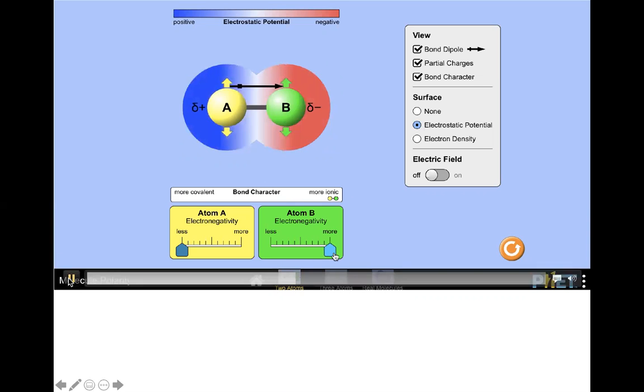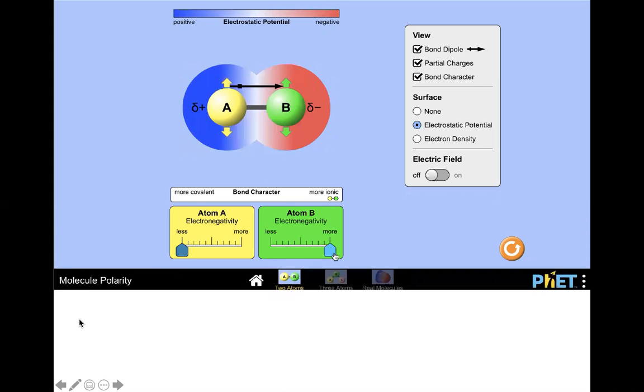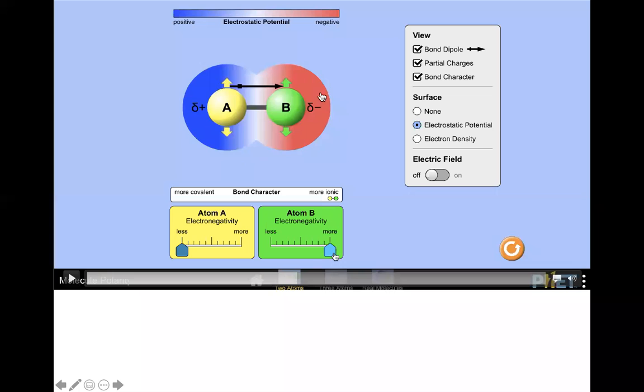Okay, I'm going to stop it there. So what changes did I see? Well, first of all, these partial charges, they're trying to say this is even more negative. This is even more positive. It's got these cool colors, the red and the blue, to show that you've got even more differences in charge. They're trying to show that that bond dipole is even more pronounced.